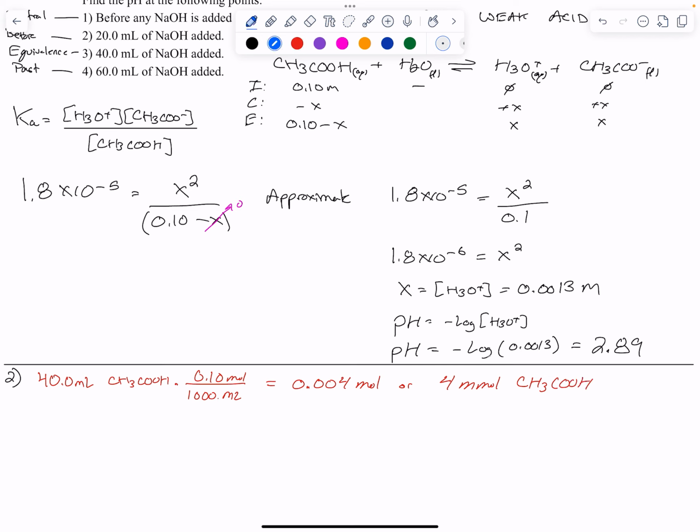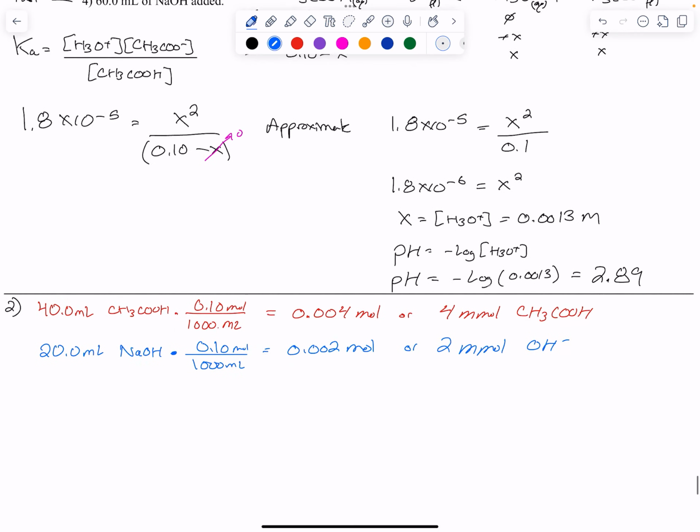And now we have 20 milliliters of our sodium hydroxide. And for every 1,000 milliliters is 0.10 moles, which is 0.002 moles, or 2 millimoles of hydroxide, because we're not caring about the sodium.